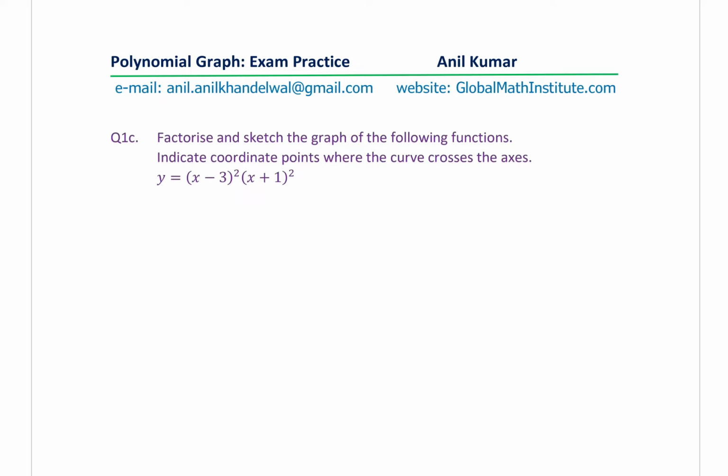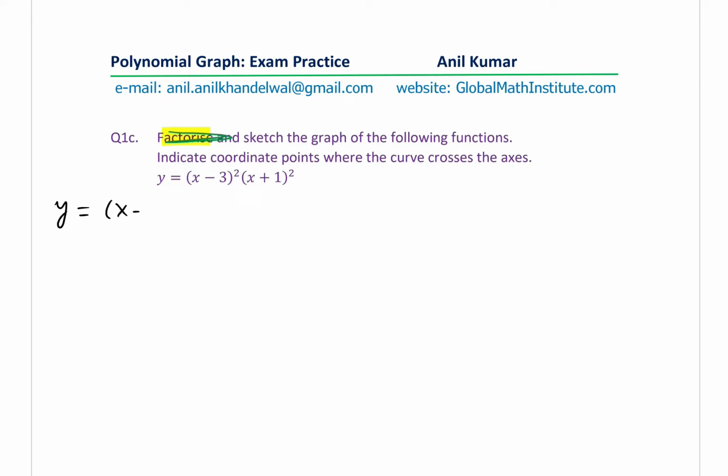It is already factored for us, so we don't have to factorize. Okay. We have to sketch the graph of the following function, indicate coordinates where the graph crosses the axis, so both x and y axis. So as far as the zeros are concerned, let's write down the equation first.